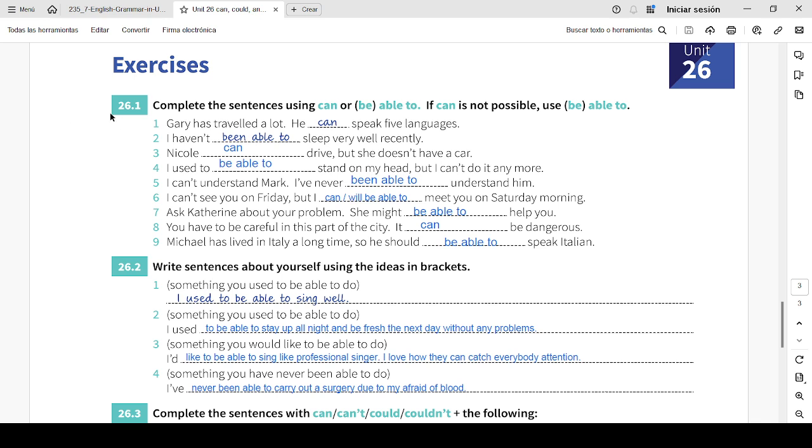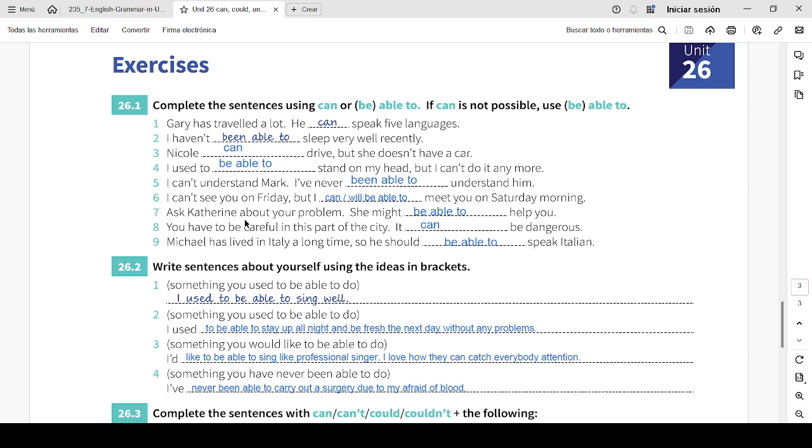Basically, the sentence says only use can or be able to, right? That's my bad. So in that case, we can use both. Remember, can also expresses a future action as well. Okay, so if somebody listens to "I can," it's 100% that that person is talking about the future as well, right?